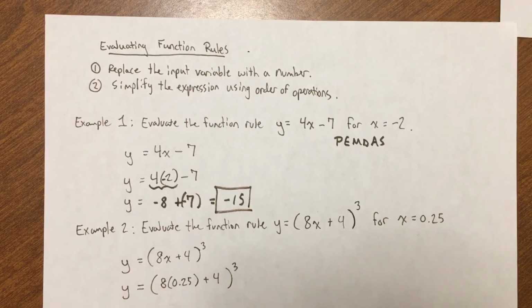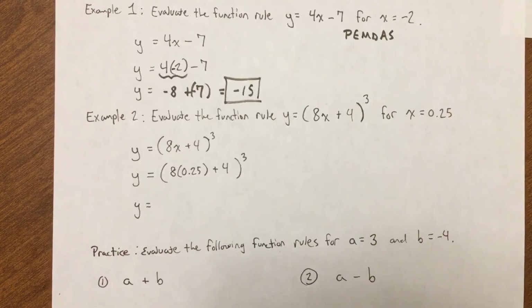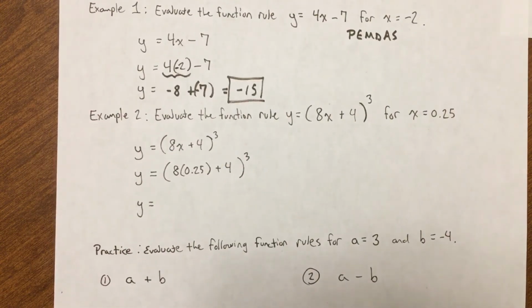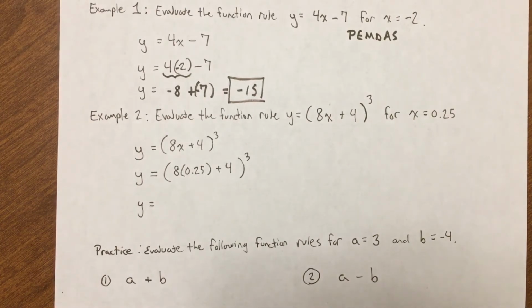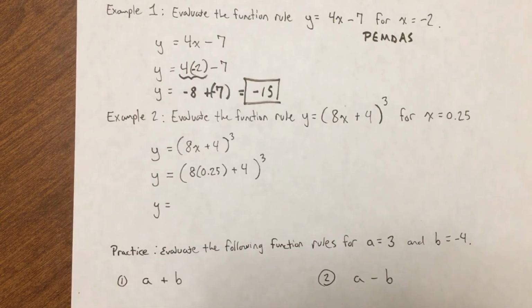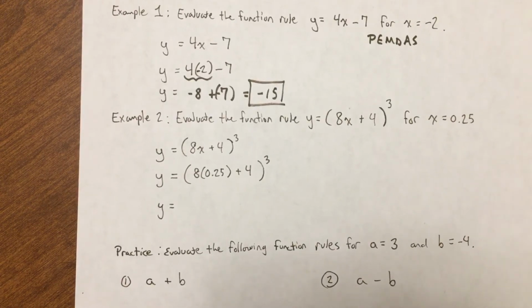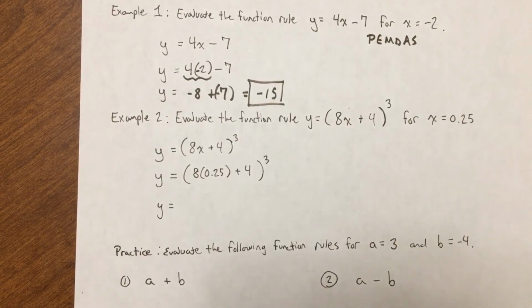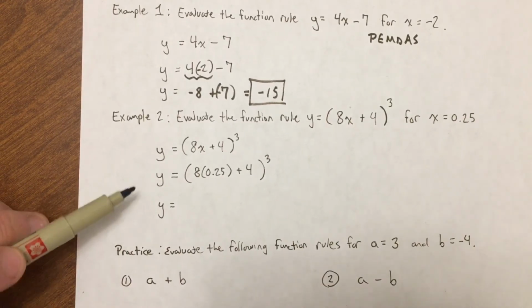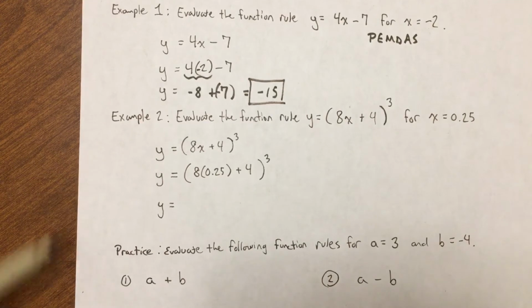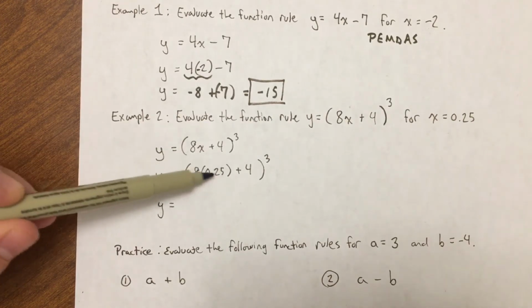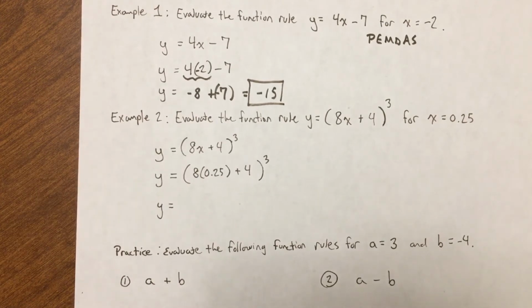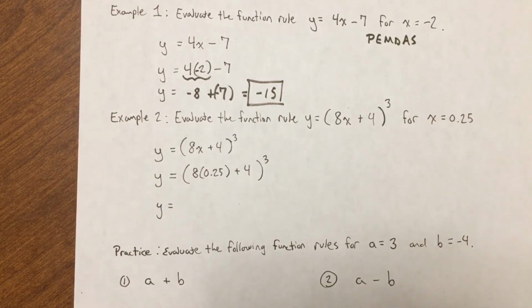Let's take a look at the next example down below. This one's a little bit more involved. It's got a few more operations with it, and we're going to use a decimal number to plug in for our variable x. We're going to be using the value 0.25. I went ahead and did the first 2 steps for you, which was to write the function rule out first, and then replace the input variable with our given number.